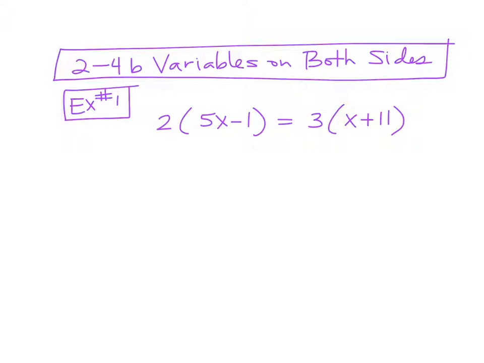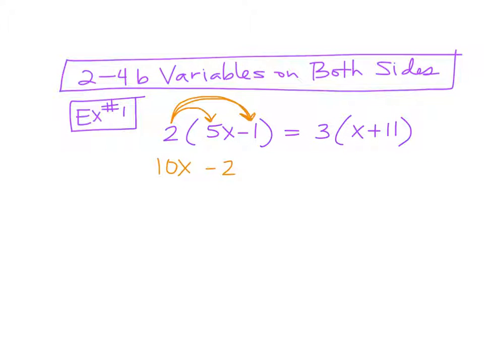Distributive property. Yes. So we're going to distribute this 2 to both of those. So what's 2 times 5x? 10x. Okay. And then 2 times a -1 would be -2. So it's 10x minus 2.